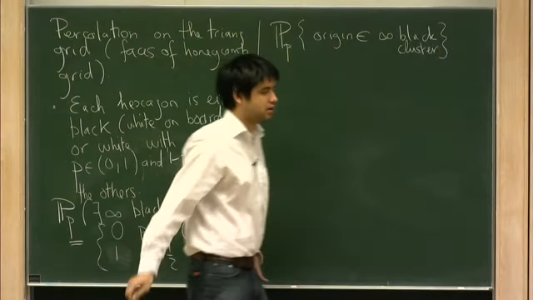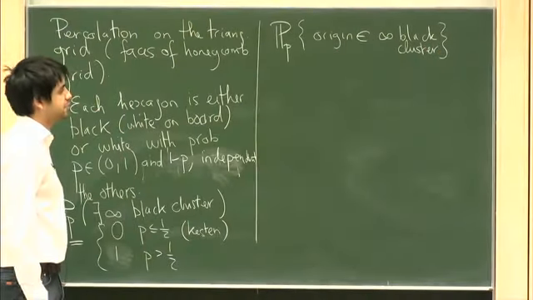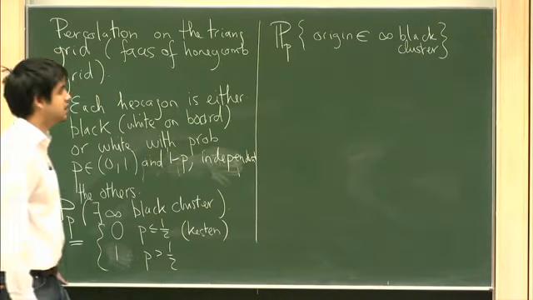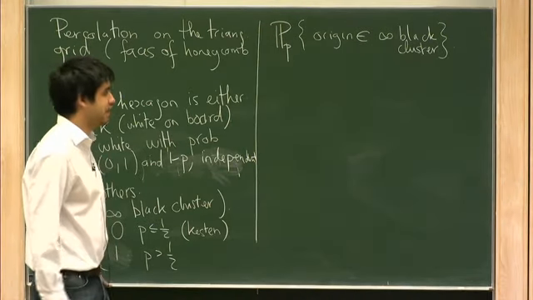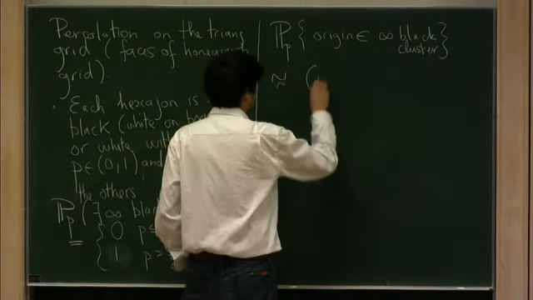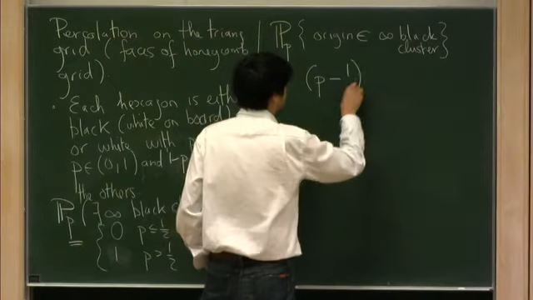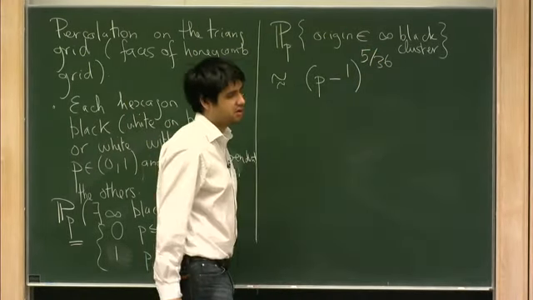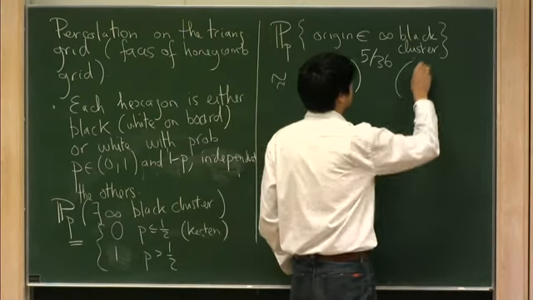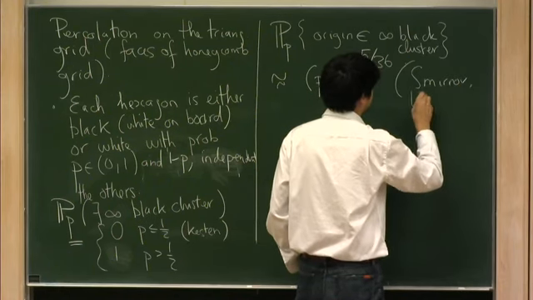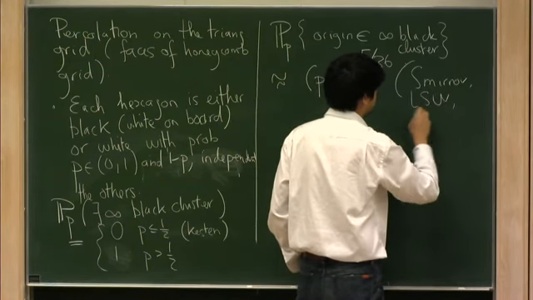Okay, so that number should be 0 for p less or equal than 1/2, and it should be positive for p greater than half. It's easy to see. So an interesting result, which you can obtain by combining results of Smirnov, Lawler, Schramm-Werner, and Kesten.